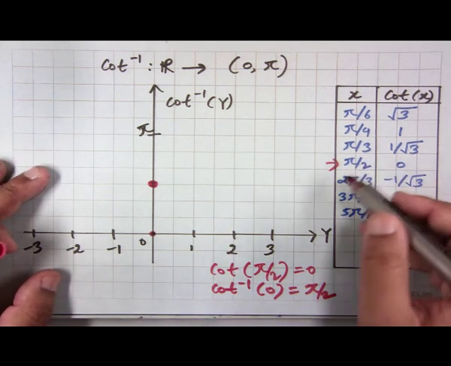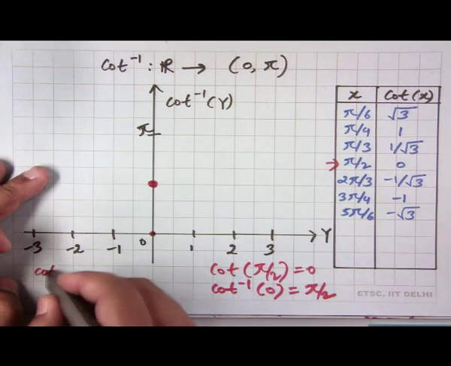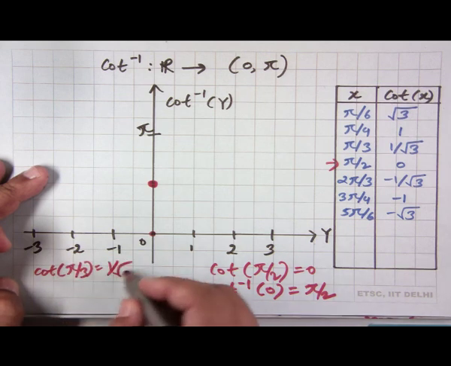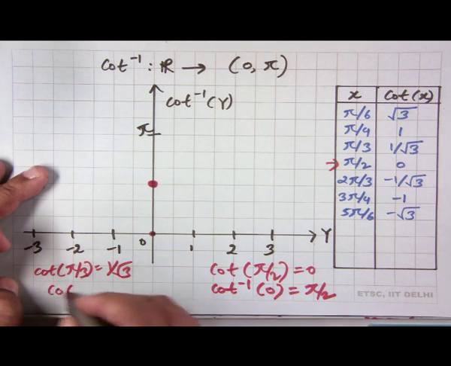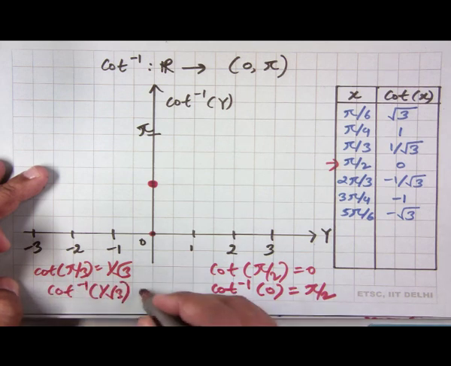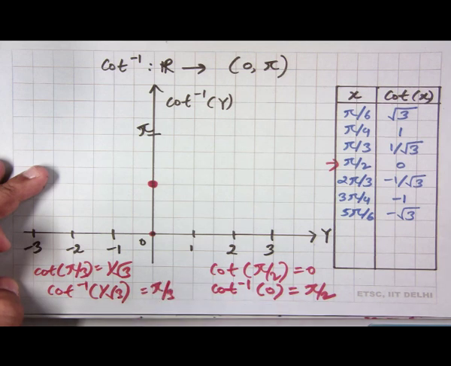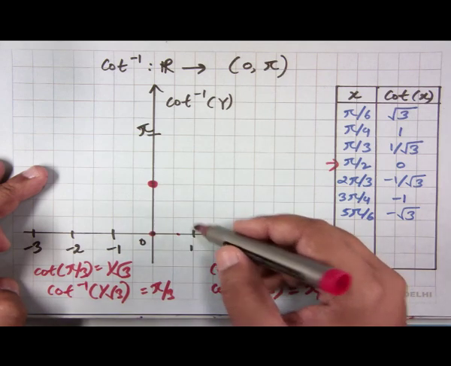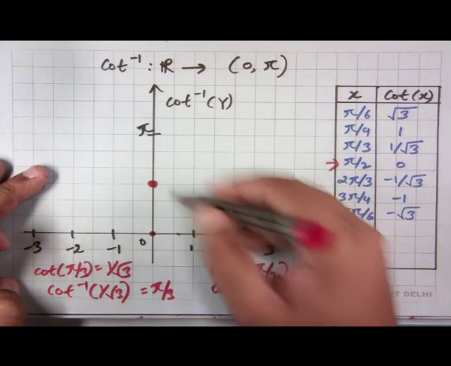Similarly, we have cot of pi over 3 equals 1 over square root of 3, and therefore, cot inverse of 1 over square root of 3 will be equal to pi over 3. So, cot inverse of 1 over square root of 3 will be somewhere there, and pi over 3 is somewhere here.